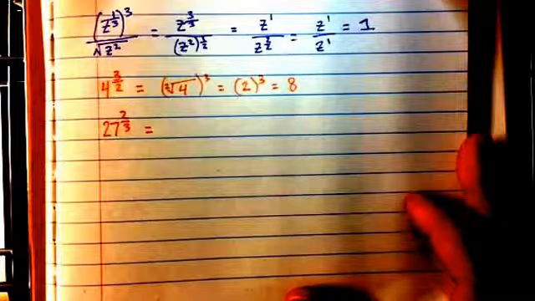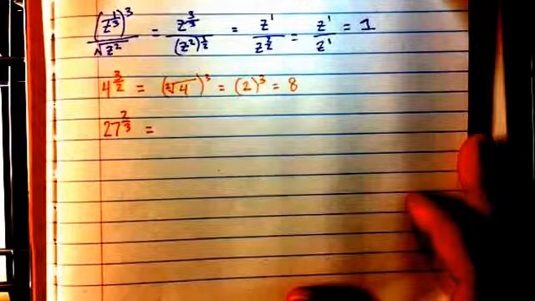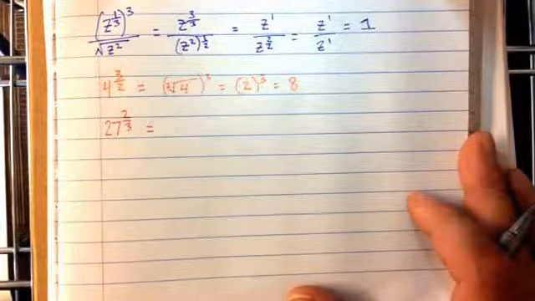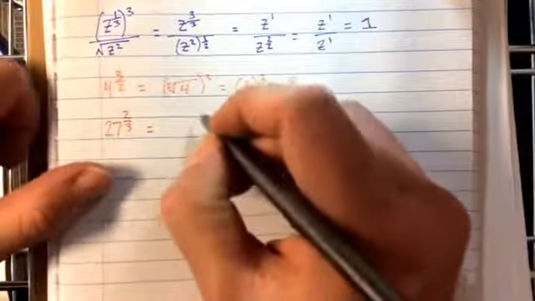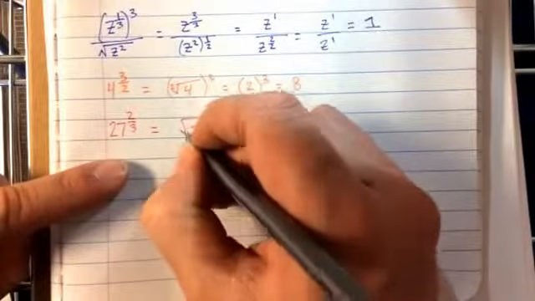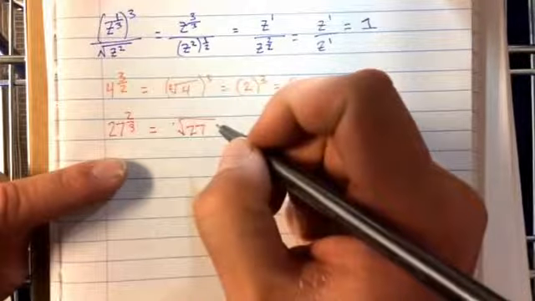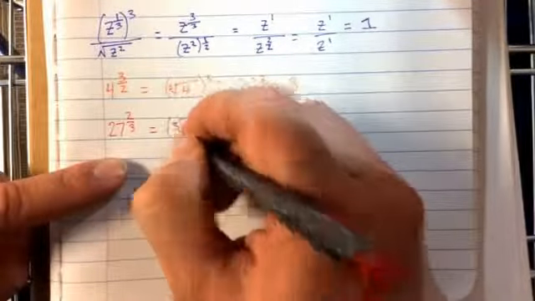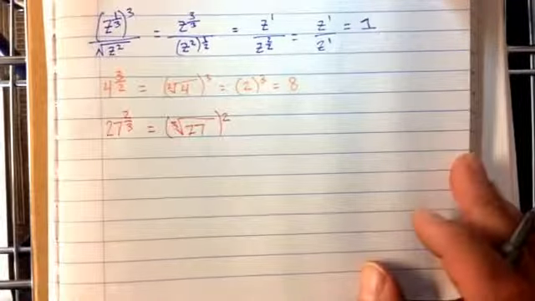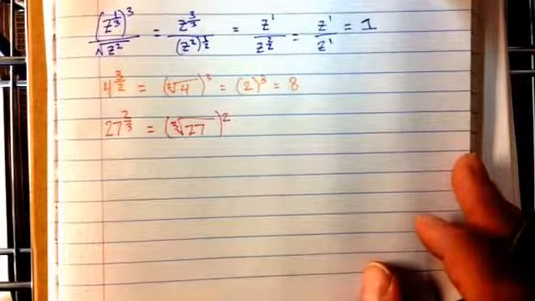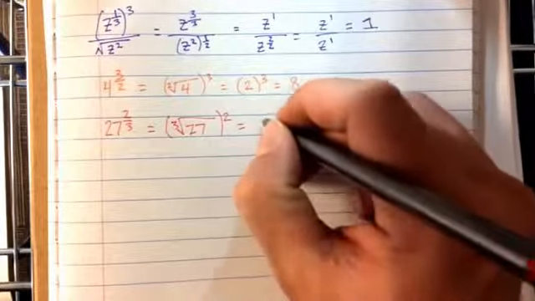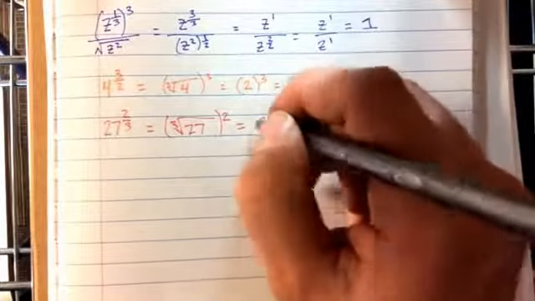Sam? So 27 is the radicand. Index is 3. So do we know the cube root of 27? Cube root of 27 is 3. And 3 squared is?